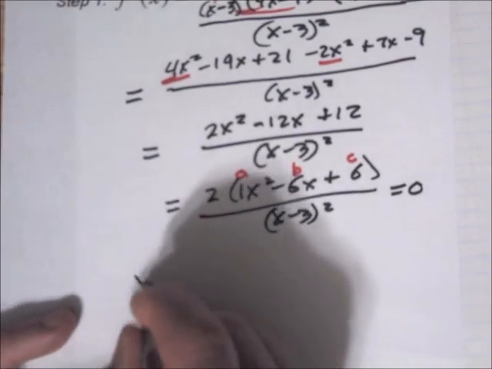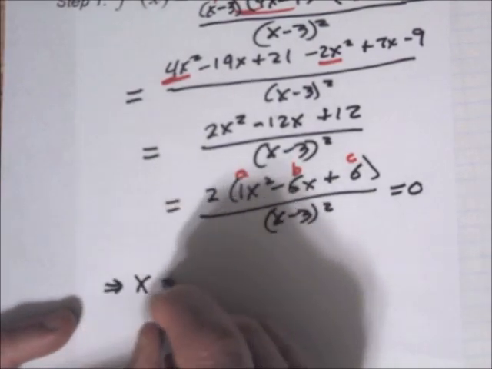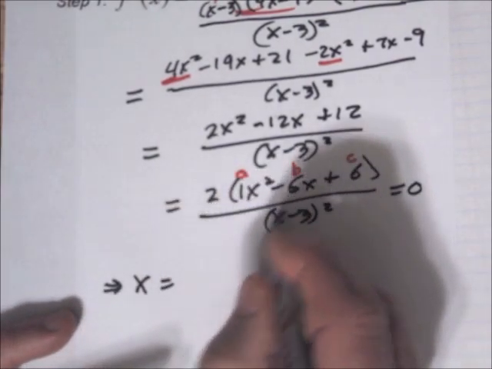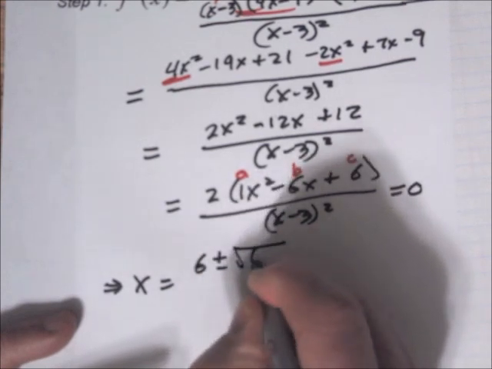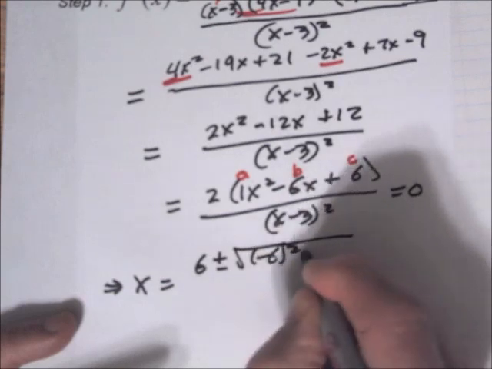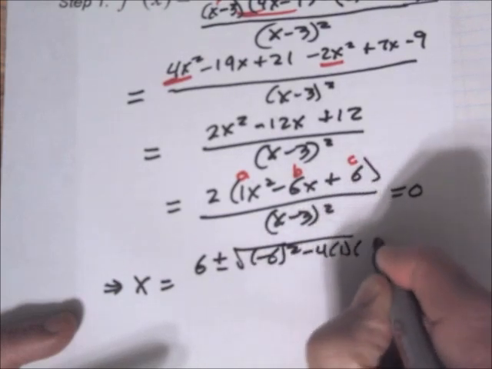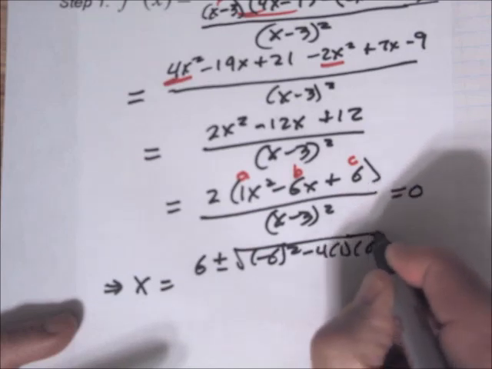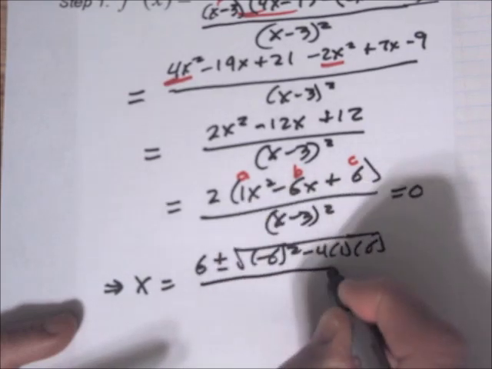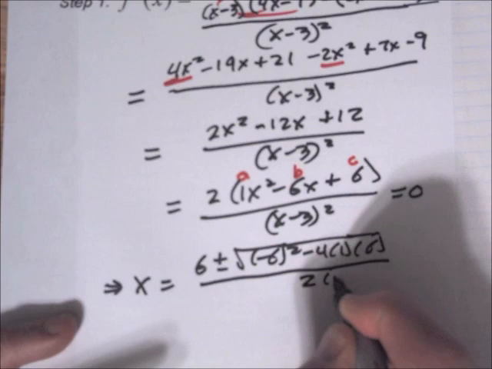So that means that x is minus b, which is minus negative 6, plus or minus the square root of negative 6 squared, minus 4 times 1 times 6, over 2 times 1.